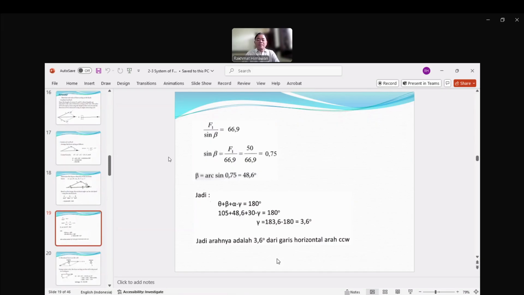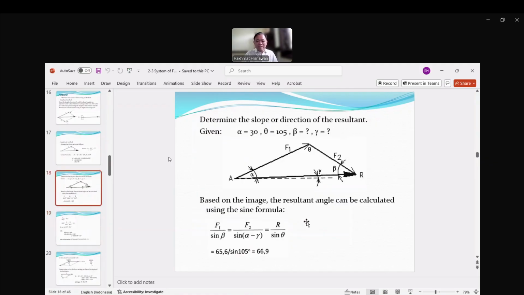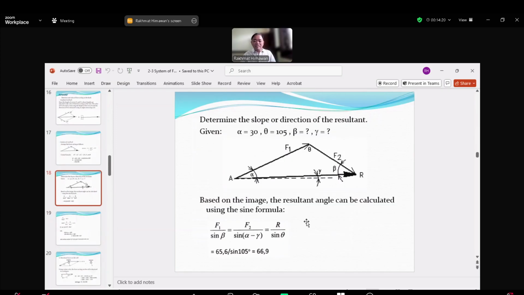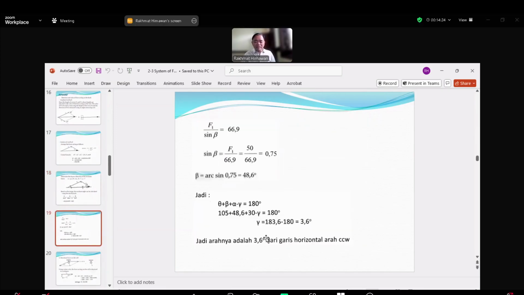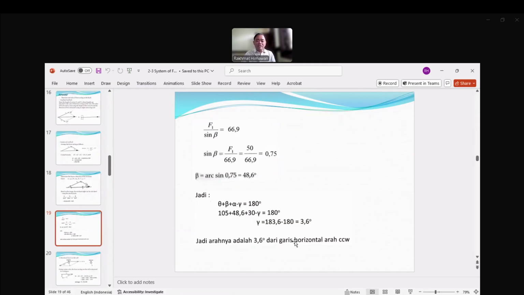This is what we also need. Don't just put 3.6 and that's it. Gamma is 3.6, but what is gamma? That's just an angle. What we need to know is the direction. Don't forget to put this in the answer on the test.